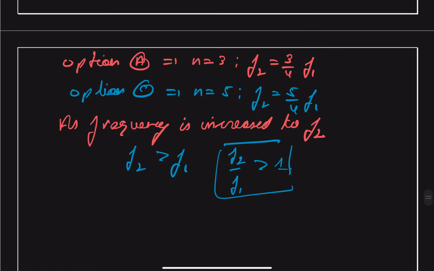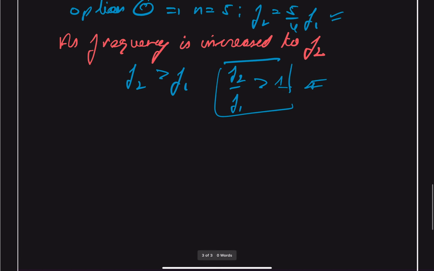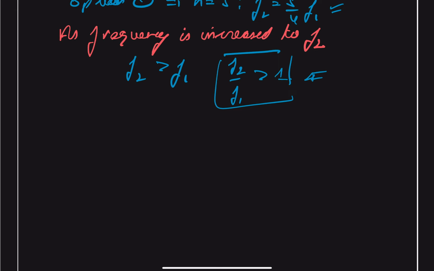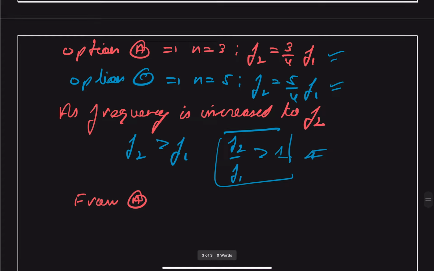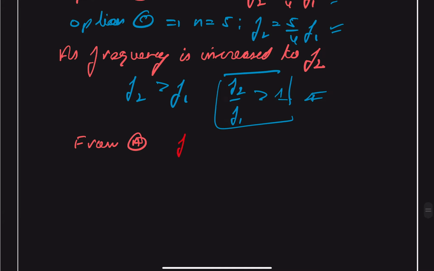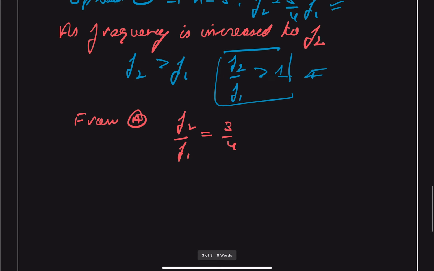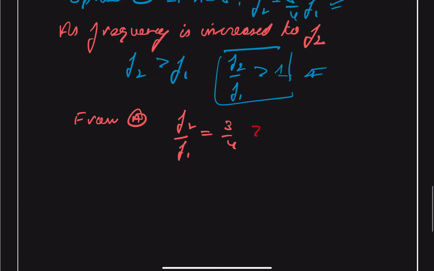We are going to check options A and C to find out which satisfies this condition. From A, we get f2 by f1 equal to 3 by 4, and f2 by f1 should be greater than 1, which would mean 3 is greater than 4, which is not correct.